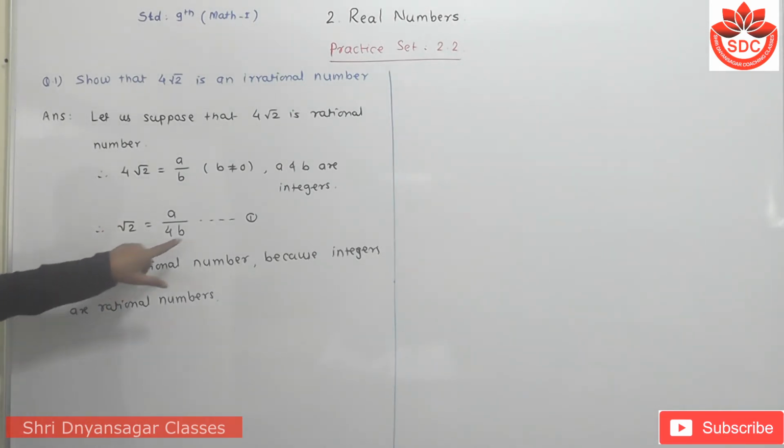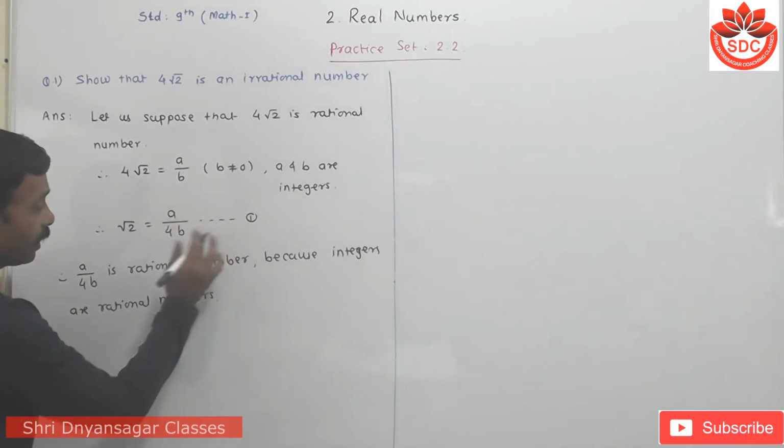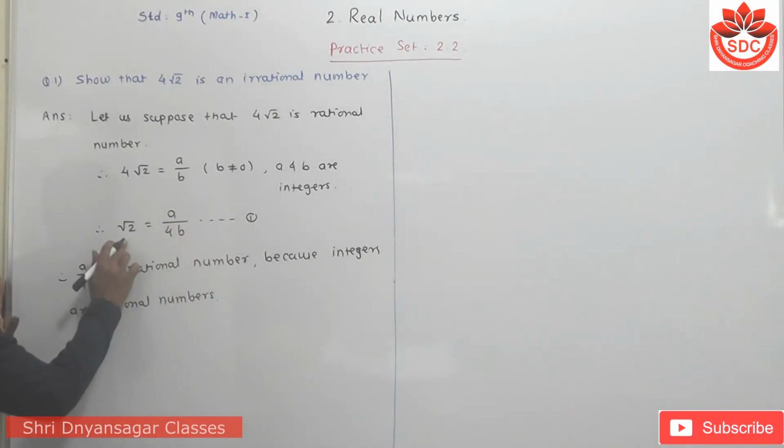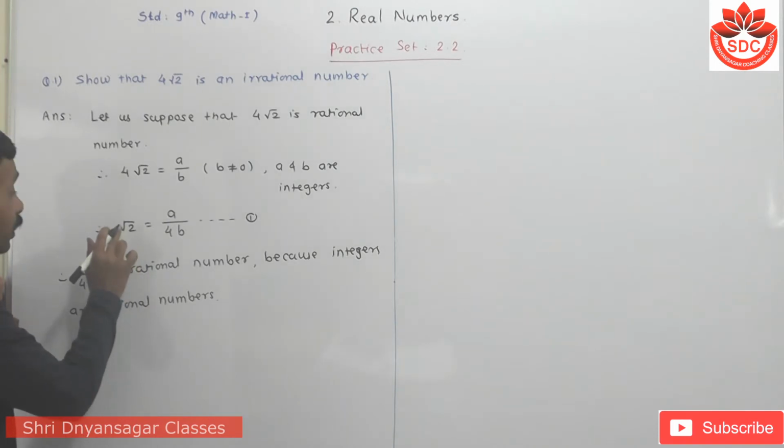This means that in this equation first, the right hand side is the rational number, but the left hand side is the irrational number.